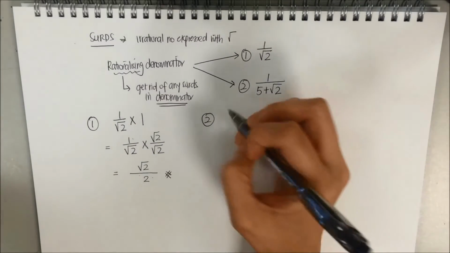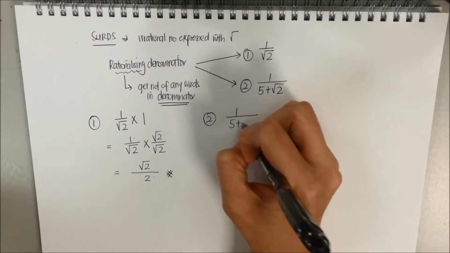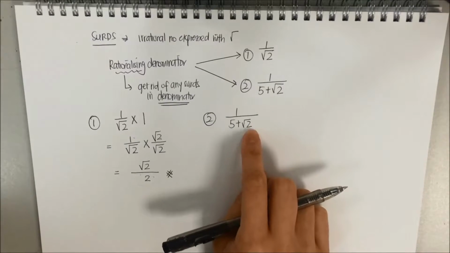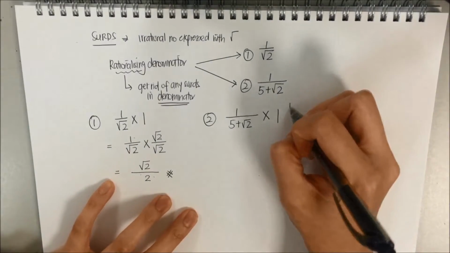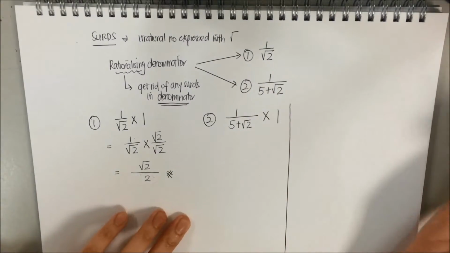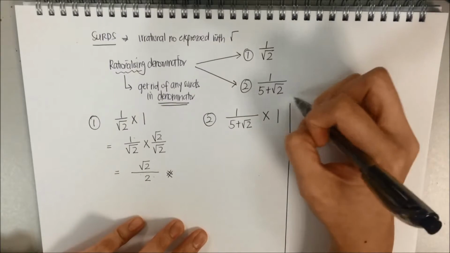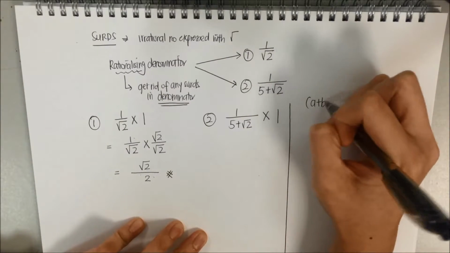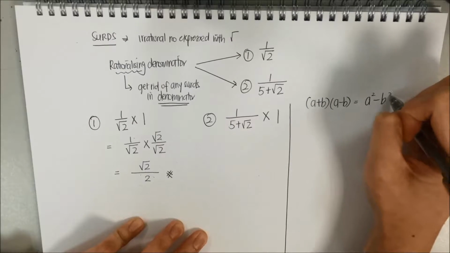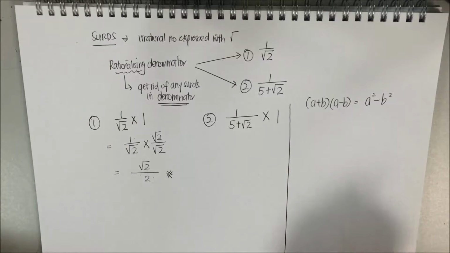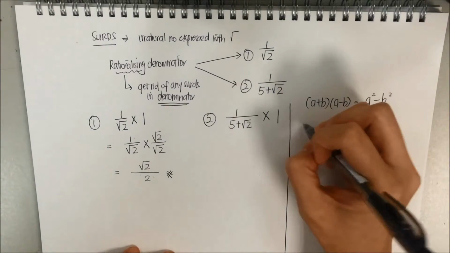Okay, for the second scenario, before we attempt to do this, we need to understand the concept of conjugate. Conjugate comes from the difference of two squares. So the difference of two squares formula is as such. What does conjugate mean?